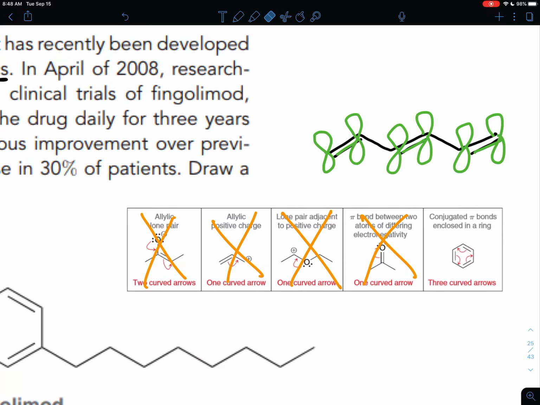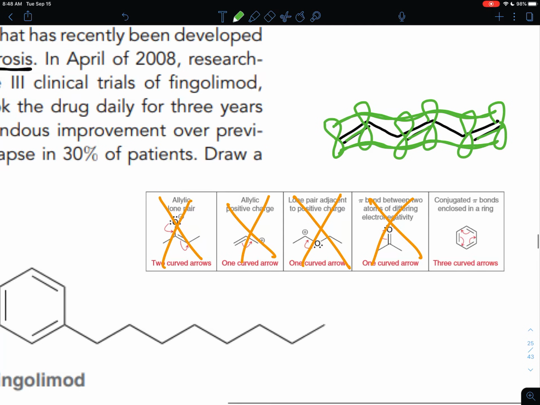So when you have these alternating single and double bonds, or conjugated pi bonds, the electrons in them are able to spread out over the whole series of conjugated bonds. All of these lobes would overlap, really helping to spread the electron density out and make the molecule more stable.